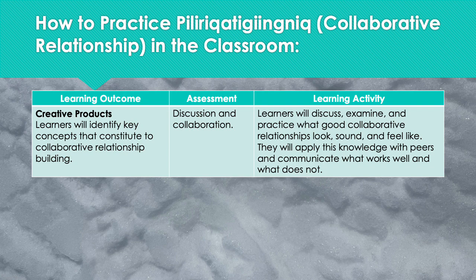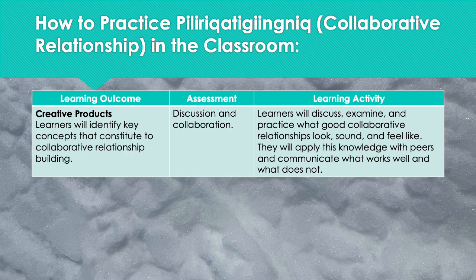One example of how you can practice Bilirikatigiinik, collaborative relationships, in the classroom. For this learning outcome, we will focus on the creative products, where learners will identify key concepts that contribute to collaborative relationship building. An assessment tool you could use here are discussions and collaboration.